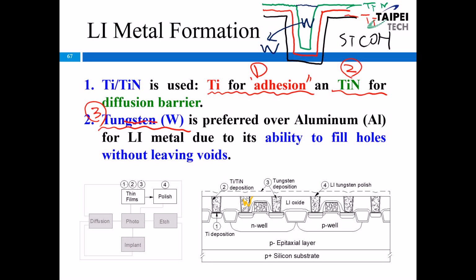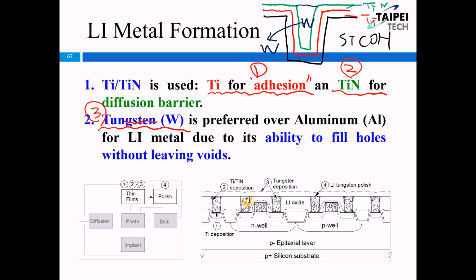So for the adhesion layer and the diffusion barrier, we also use Ti. Ti for the adhesion layer and TiN for the diffusion barrier. They have different purposes, because TiN is a very strong material, since titanium is bonding with the nitrogen. It's a very strong bonding. So TiN is very robust, a very strong material.